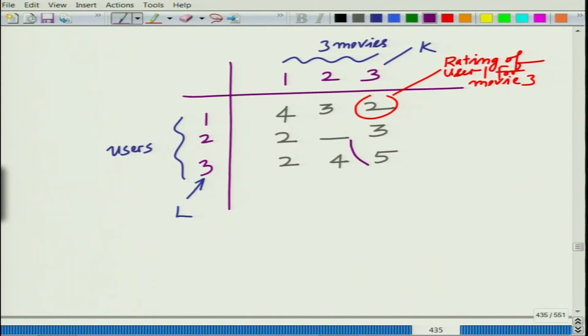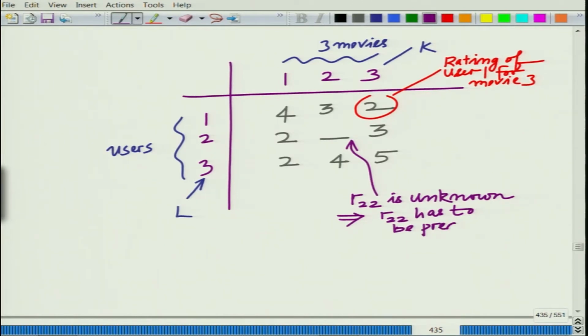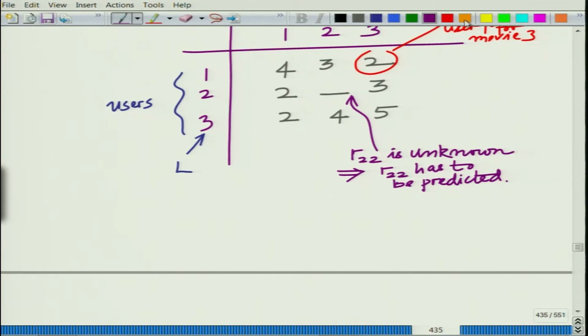Now, this in between, that is R22, the user 2 has not seen movie 2 and this rating has to be predicted. So, R22 is unknown, this implies R22 has to be predicted, that is, we have to have a formula to estimate R22 hat, right.